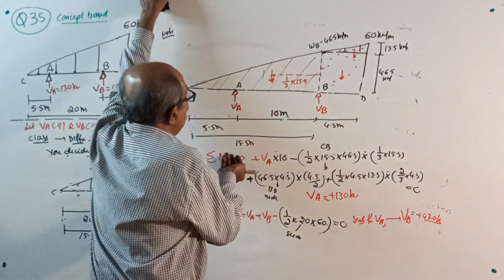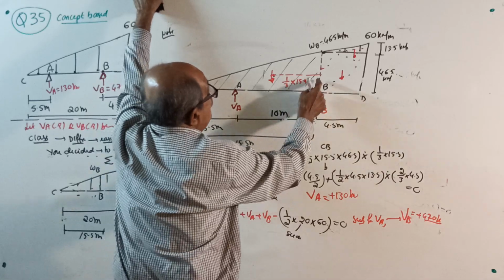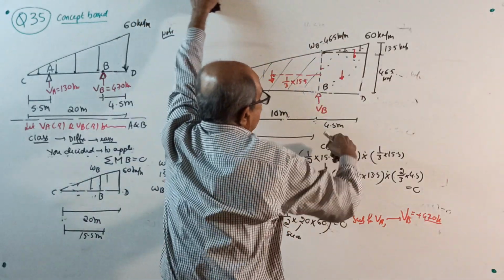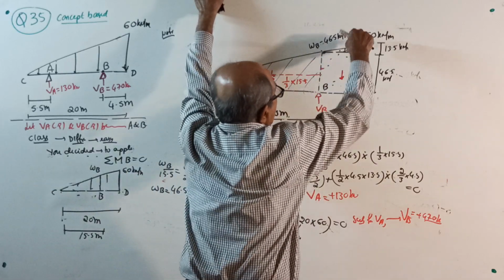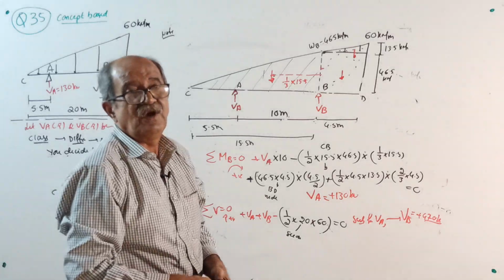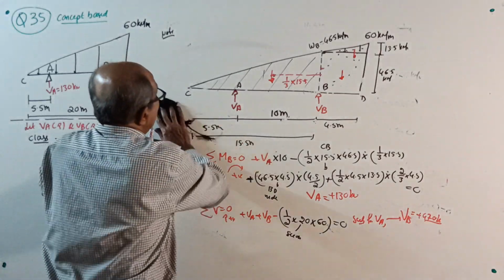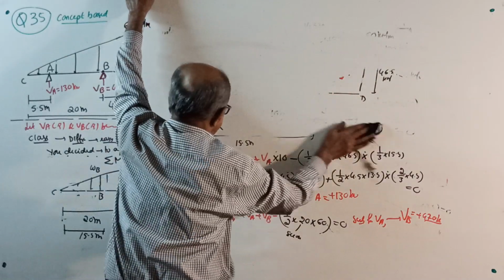Or do one thing. VA plus VB minus half into 15.5 into 46.5, minus 46.5 into 4.5, again minus half into 4.5 into 13.5. Do that way. Okay, now do one thing. Lastly, go for the easiest method.